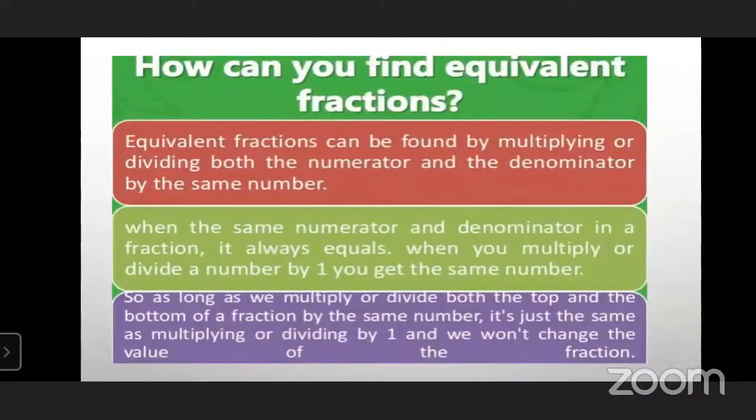Then when the numerator and denominator in a fraction are the same, it always equals 1. When you multiply or divide a number by 1, you get the same number. So as long as you multiply or divide both the top and the bottom of a fraction, the numerator and denominator, by the same number, it's just the same as multiplying or dividing by 1, and we don't change the value of the fraction.